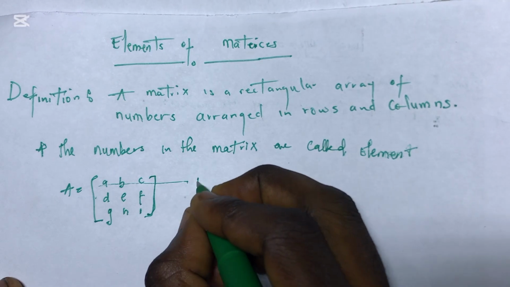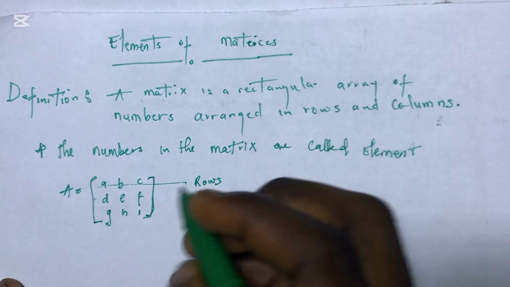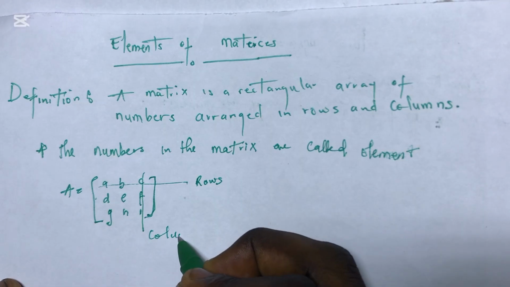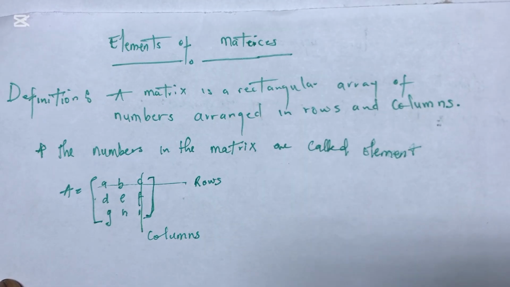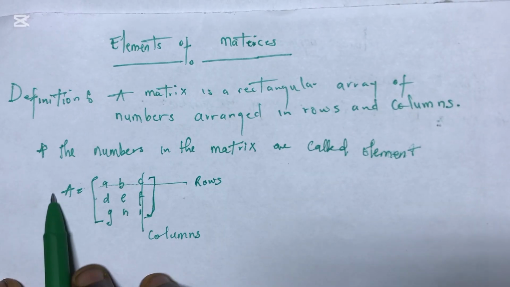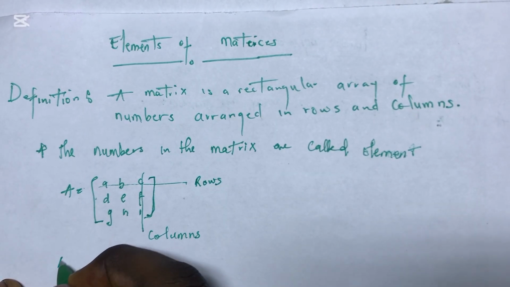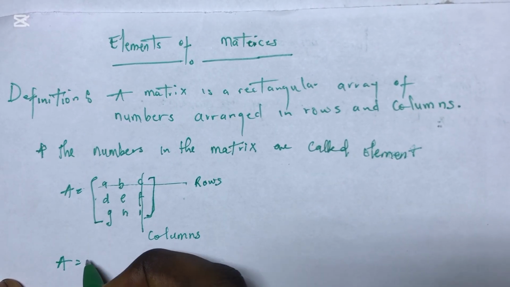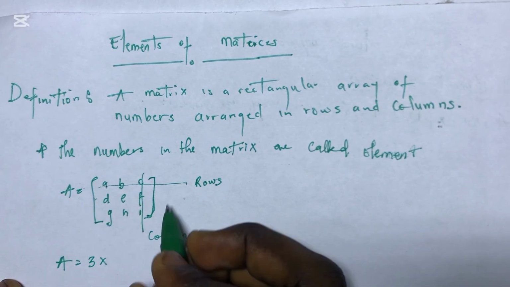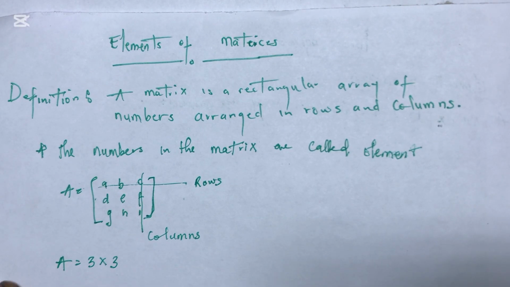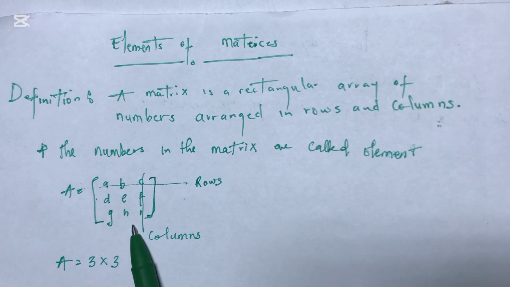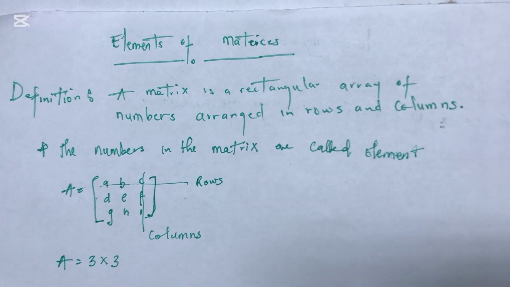So these are rows, then down are columns. If you want to describe this matrix A, it has 3 rows by 3 columns. So this is a 3 by 3 matrix.